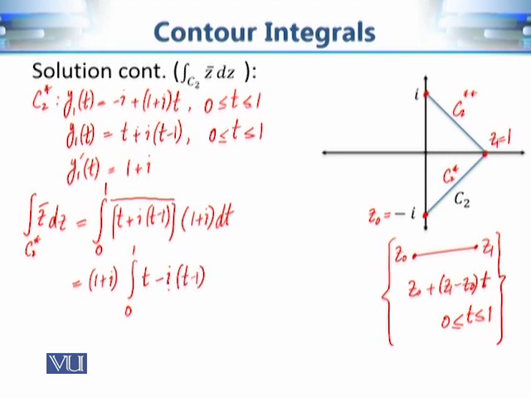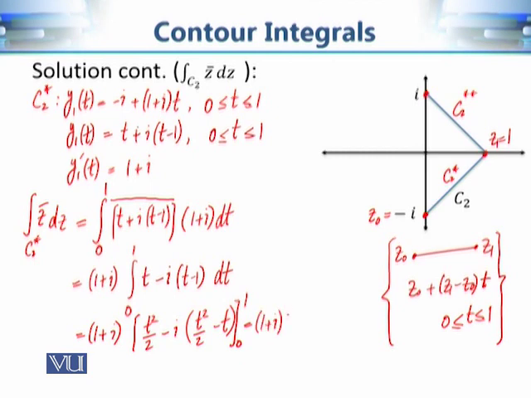So this plus iota becomes minus iota, and we are left with this very simple integral. So 1 plus iota times the integral, which is equal to t square by 2 minus iota (t square by 2 minus t), and the limits of integration are 0 to 1. If we evaluate this integral, we get 1 plus iota times the following.